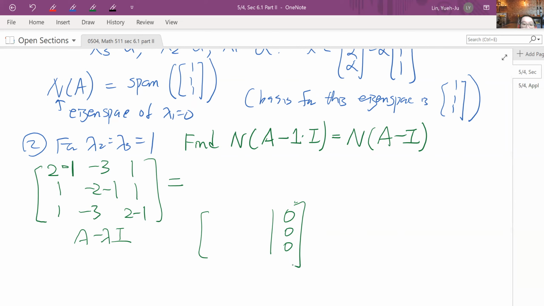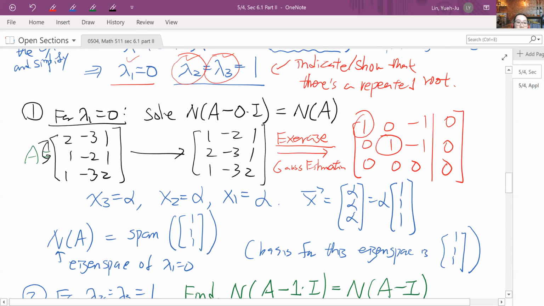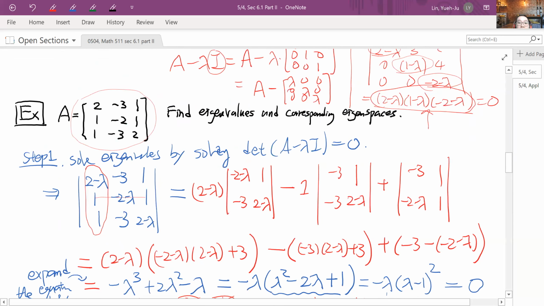But you need to first find A minus lambda I before you swap, otherwise you are not really looking for A minus lambda I. And again, that's against the original matrix. Whenever I say A, it should be the original matrix. Otherwise, there's confusion. Got it. Thank you.